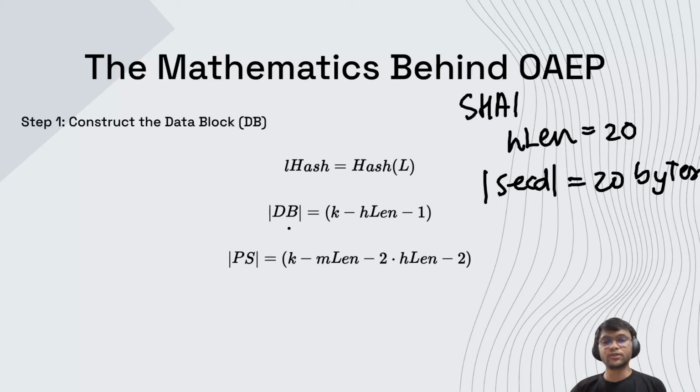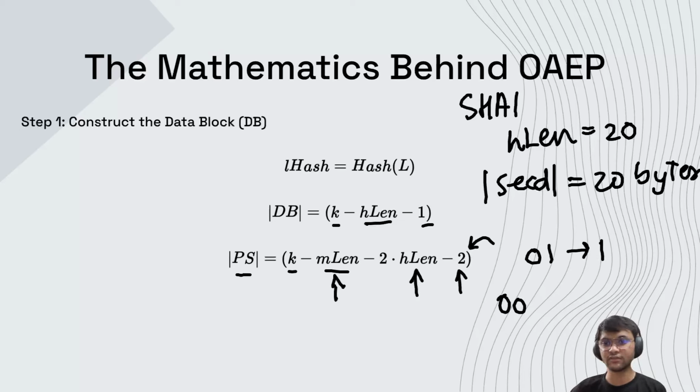Now, the data block itself would be of length k minus hlen minus 1, and this makes the padding string of size k minus mlen, which was the length of the message, minus 2 times hlen minus 2. We have two delimiters, 01 and 00.